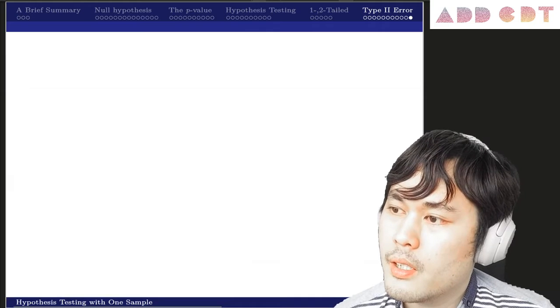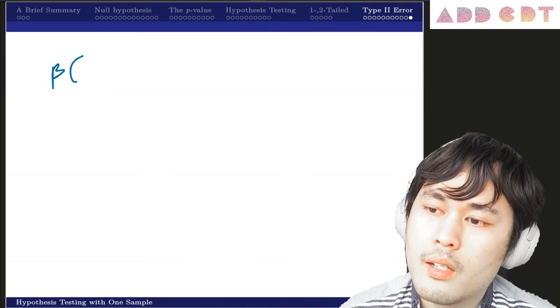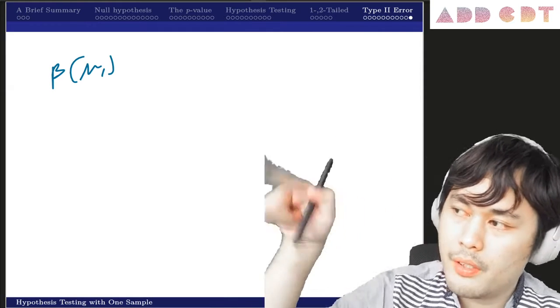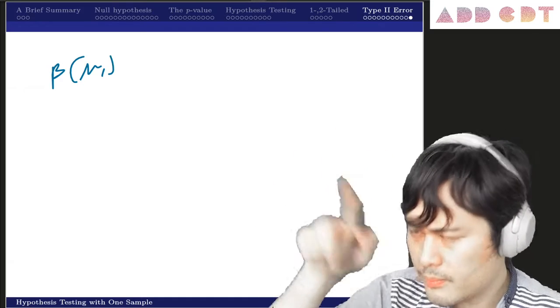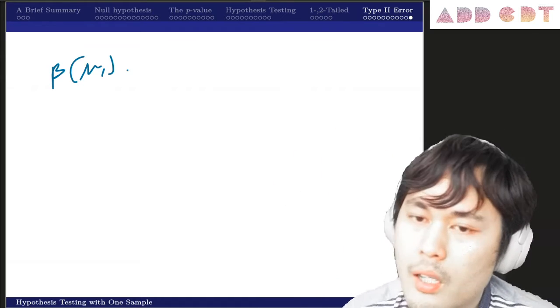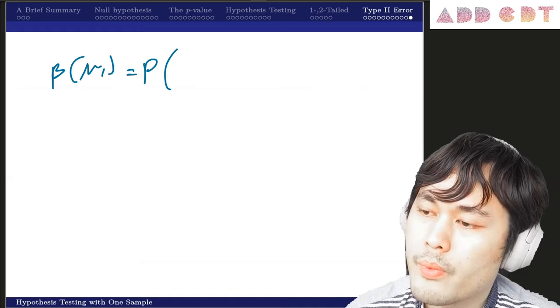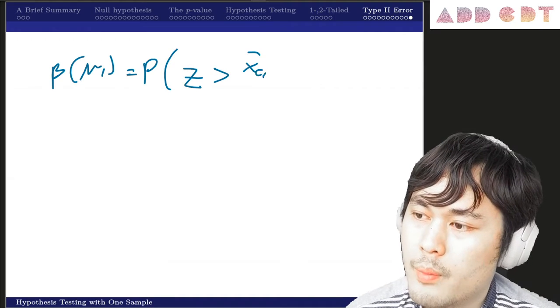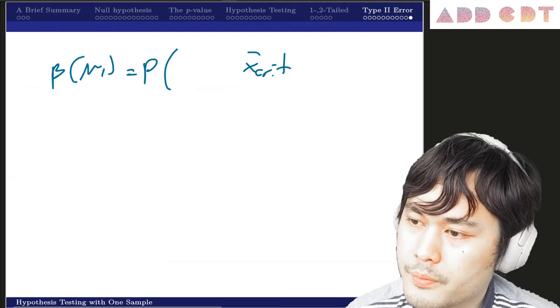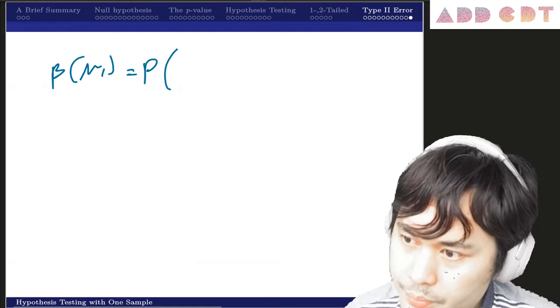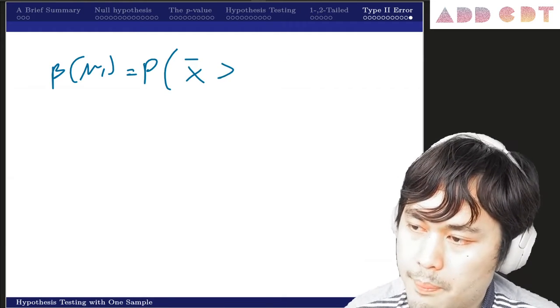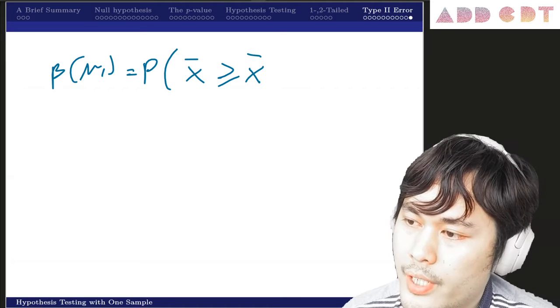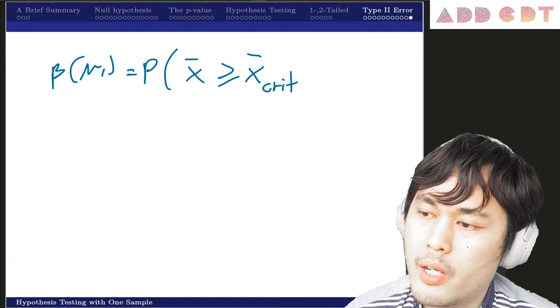Okay, so we can use the formula. Once you understand what you are doing here, then just plug in the formula. Let's go back one step. It's the chance that x bar is greater than or equal to the critical point.